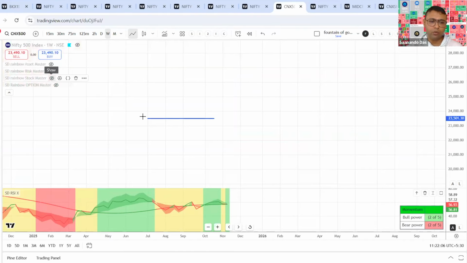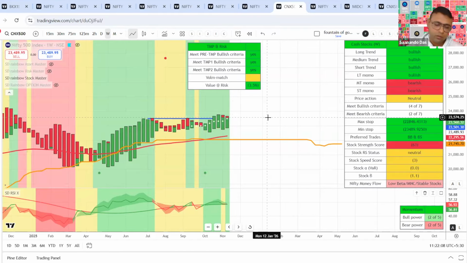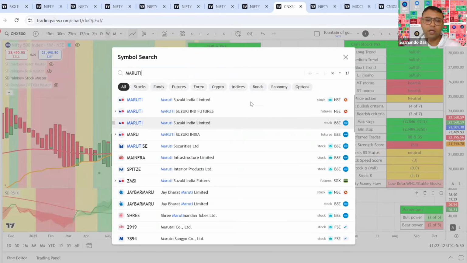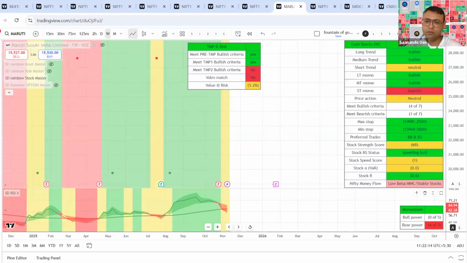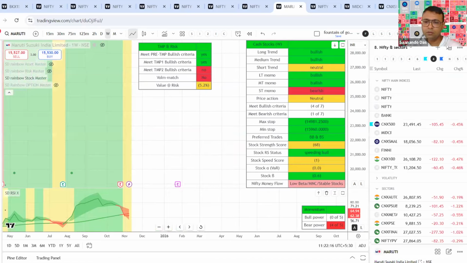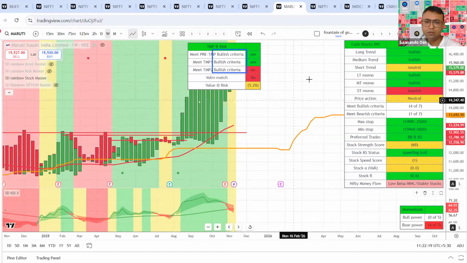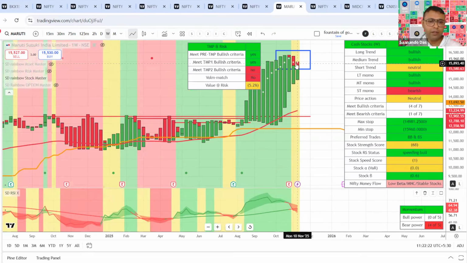Let's look at one particular stock which was good but lost strength along with the auto segment, which has been Maruti. So in line with the market, this one has shown strong weakness.